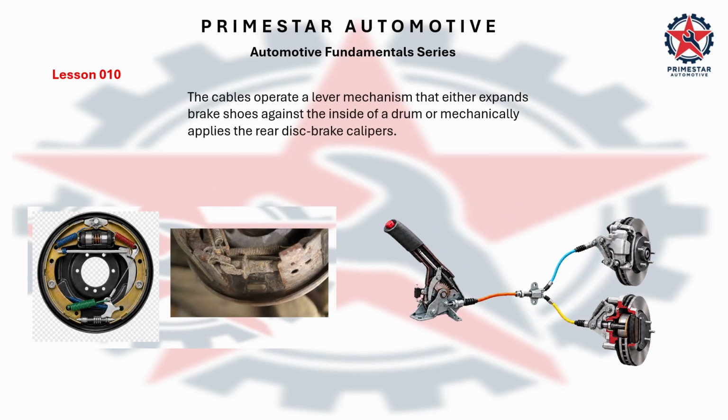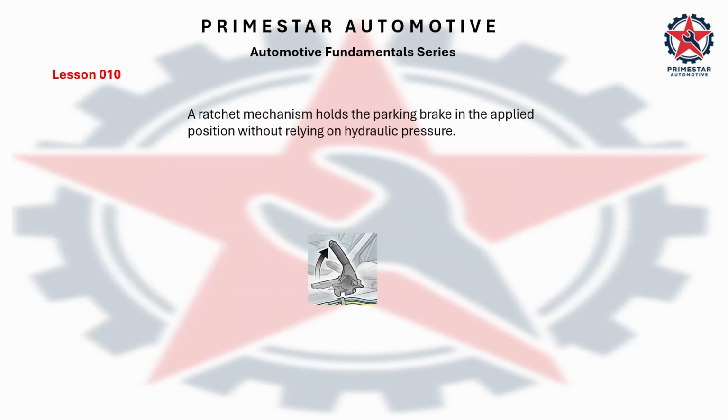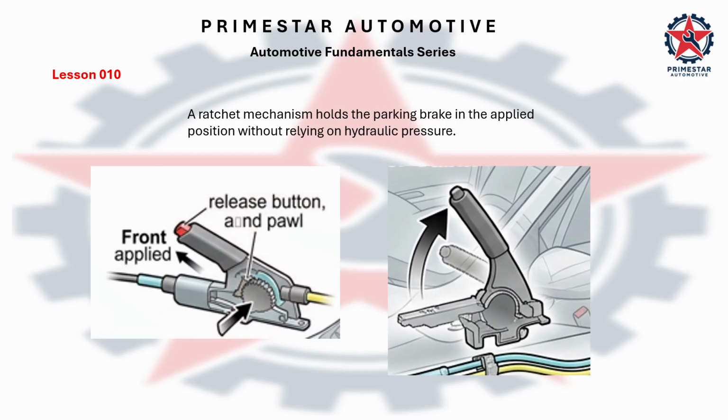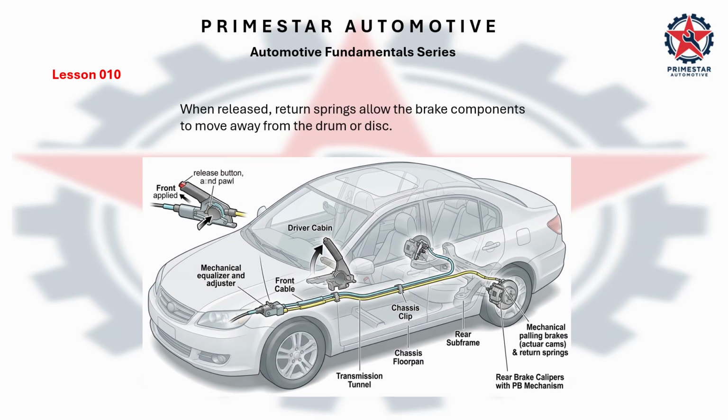The cables operate a lever mechanism that either expands brake shoes against the inside of a drum or mechanically applies the rear disc brake calipers. A ratchet mechanism holds the parking brake in the applied position without relying on hydraulic pressure. When released, return springs allow the brake components to move away from the drum or the disc.